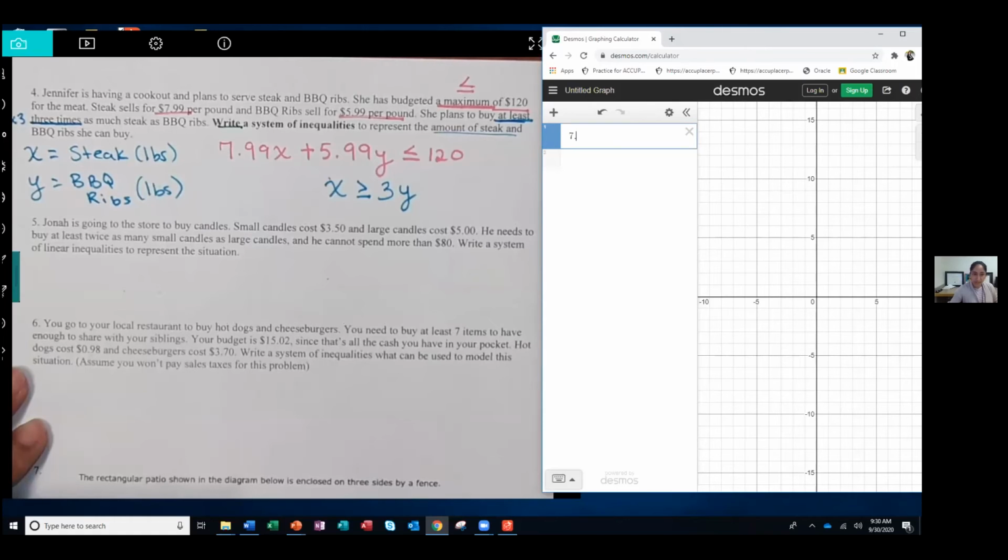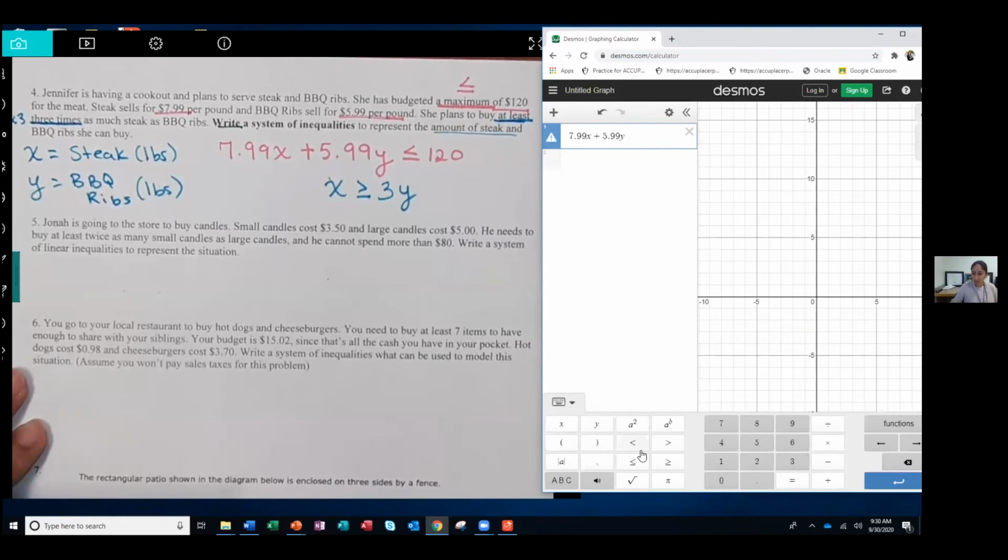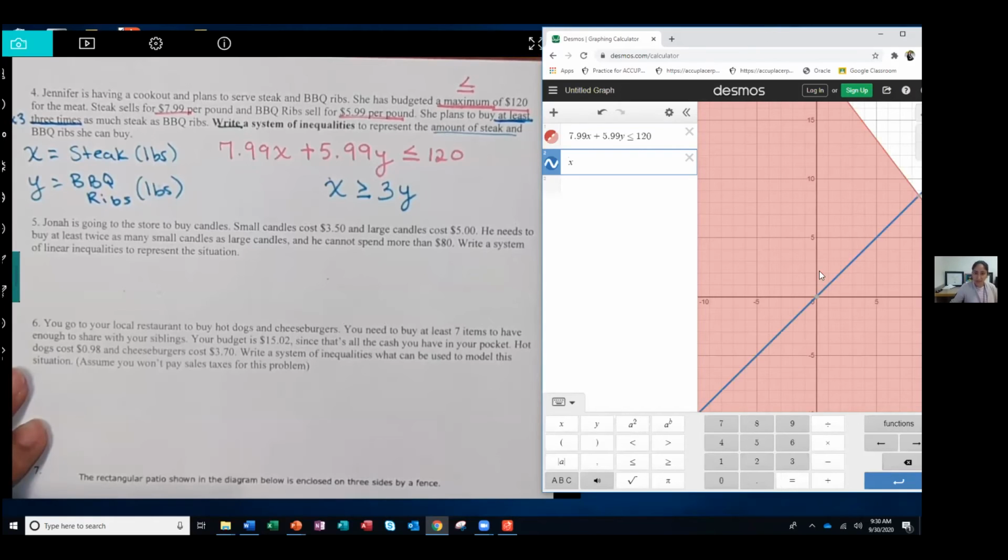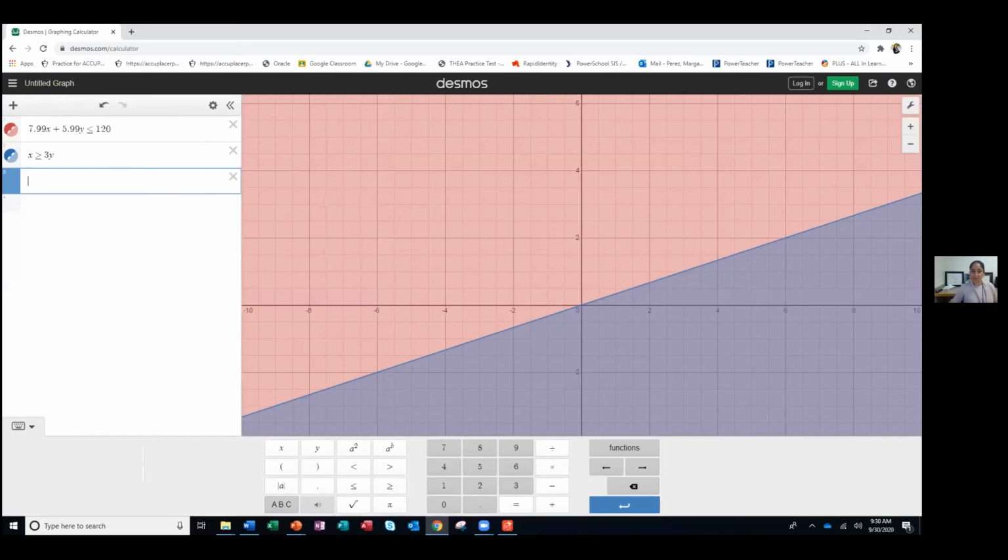So I have 7.99x plus 5.99y less than or equal to 120. And then x is greater than or equal to 3y. So let me maximize that.